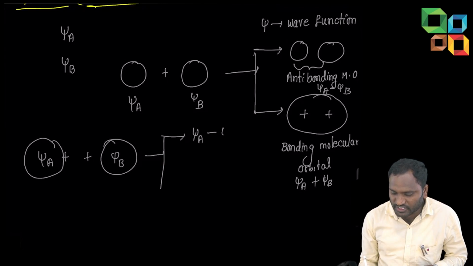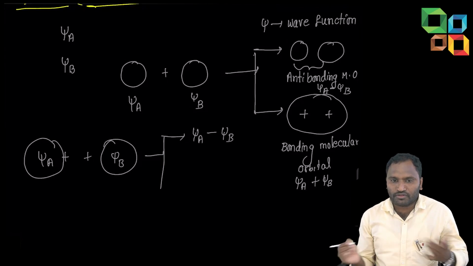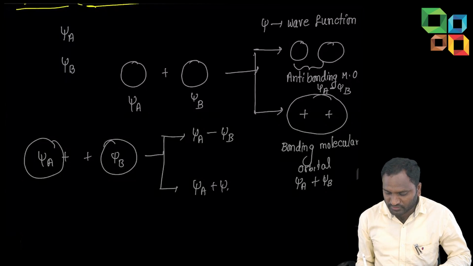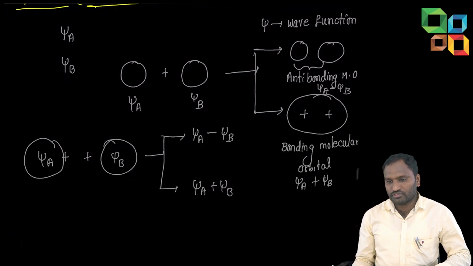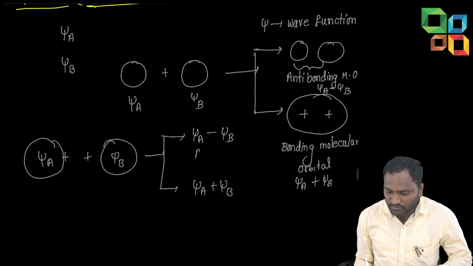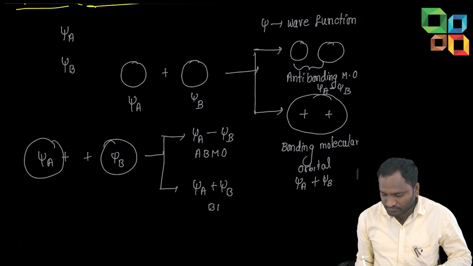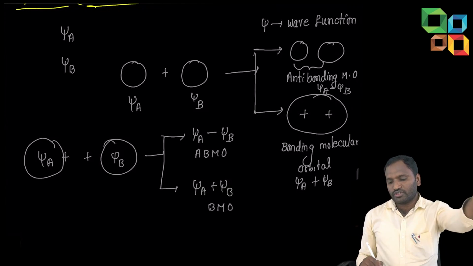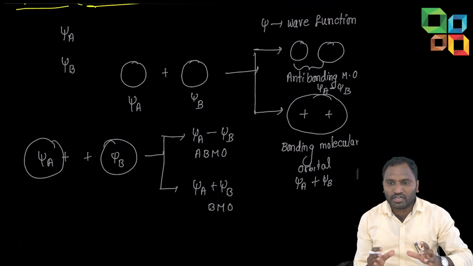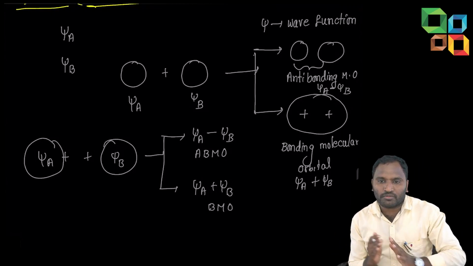Psi A minus psi B: they are away from each other, repelling each other. Psi A plus psi B: they are combining, attracting each other. These are the anti-bonding molecular orbital, ABMO, and the bonding molecular orbital, BMO. As many atomic orbitals combine, that many molecular orbitals we get.